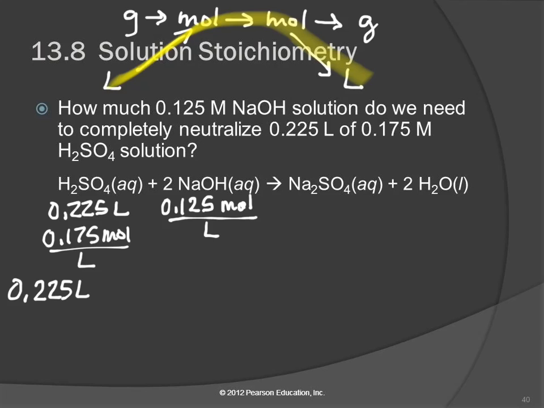So we're going to start with 0.225 liters of what? H2SO4. In stoichiometry, it's really important that we label them because it switches, and so we don't want to get confused.